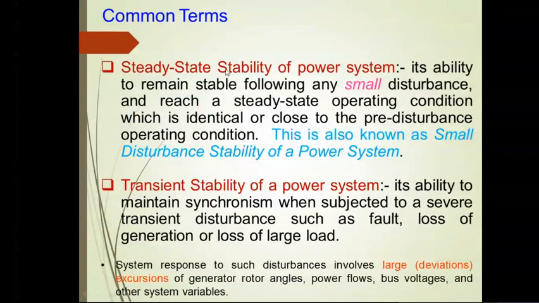So steady state stability refers to the ability of the power system to become stable following a small disturbance, and then reach a new steady state operating point, which is identical or very close to the pre-disturbance operating condition.